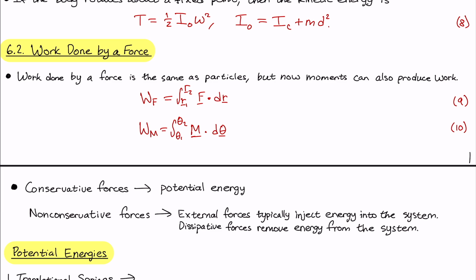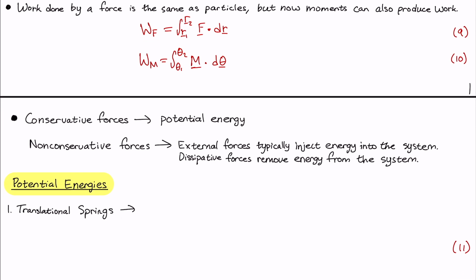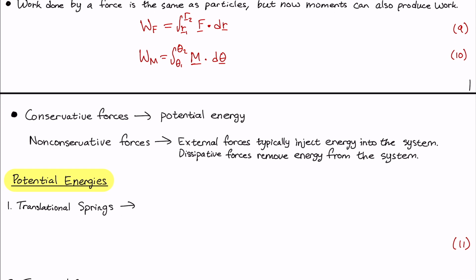Dissipative forces are going to do the opposite. They're going to remove energy from the system over time. Okay, we're going to go through some potential energies here. Some of these we've seen before. Some of these will be a little bit different than what we've seen before, and we'll also introduce rotational components as well.